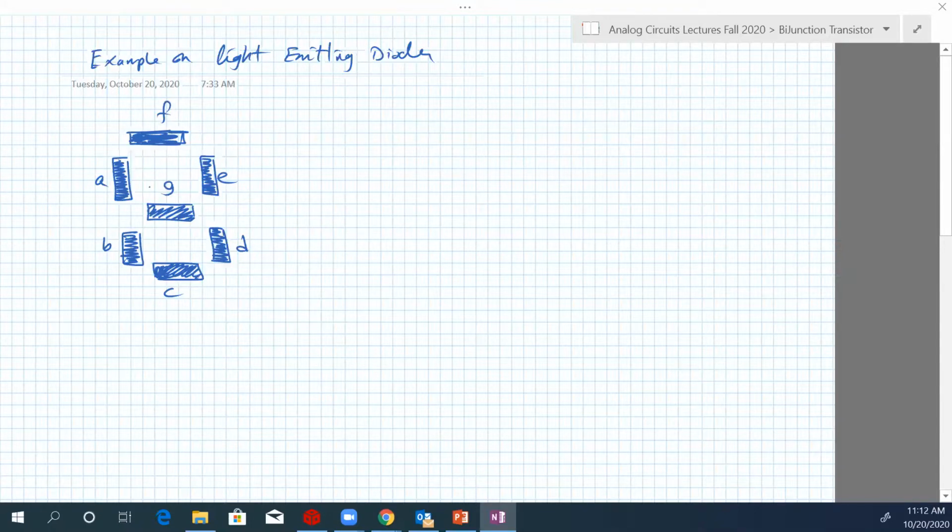Okay. And this as a circuit will be something like this. And another V input.